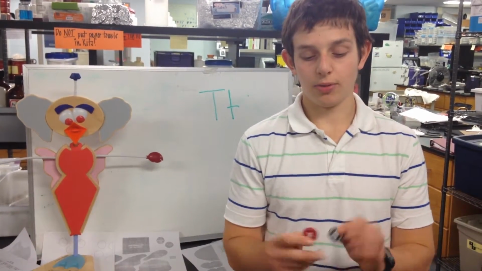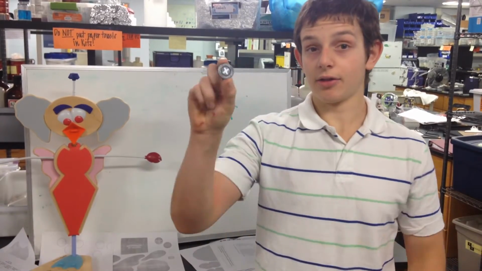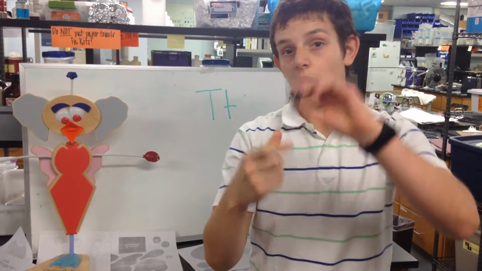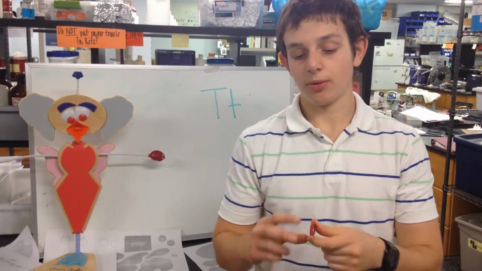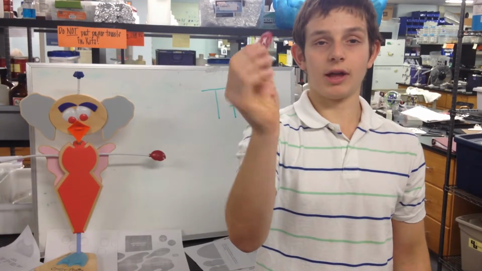The first part of the process is sex determination, and this is done through the sex chromosome coins. The male sex chromosome coin has an X chromosome on one side and a Y chromosome on the other side, while the female sex chromosome coin has an X on both sides of the coin.